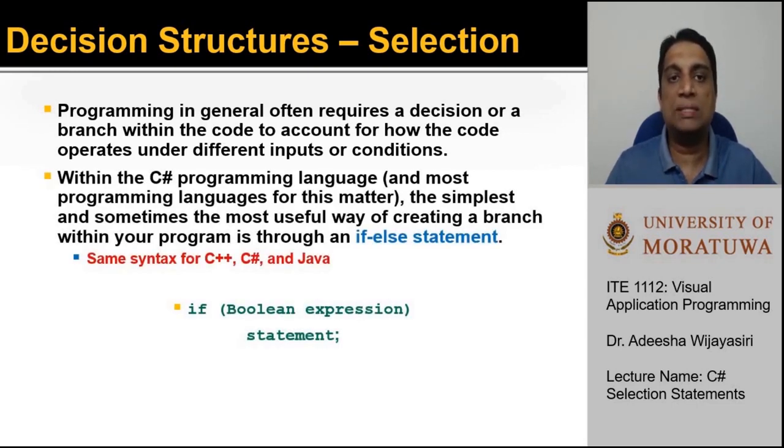C# provides a few ways to branch the code based on conditions, such as the conditional operator, if-else statements, and switch statements. We will study if-else statements first and discuss other methods in a later part of the video.